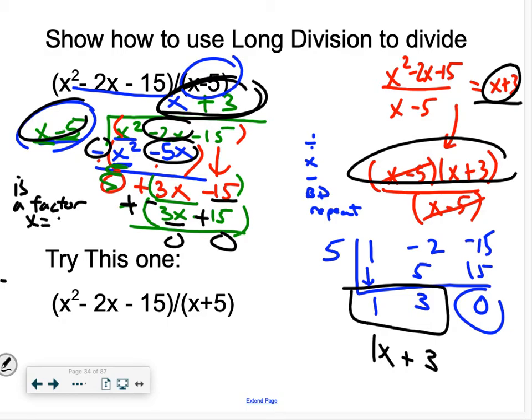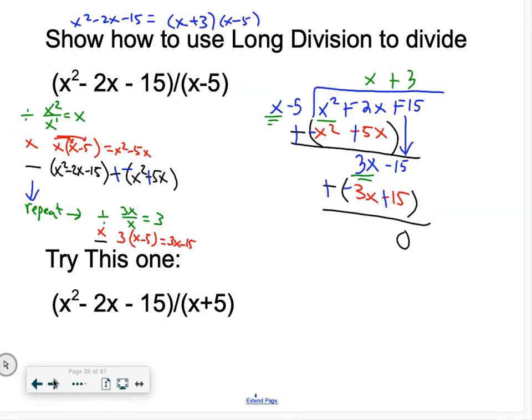And that means x equals 5 is a 0 of the function x squared minus 2x minus 15. Because I just showed over here, if I put 5 in, I'll get 0 out. And if I put 5 in, I know that x minus 5 is a factor. And likewise, I could say x plus 3 is a factor, and negative 3 is a 0.